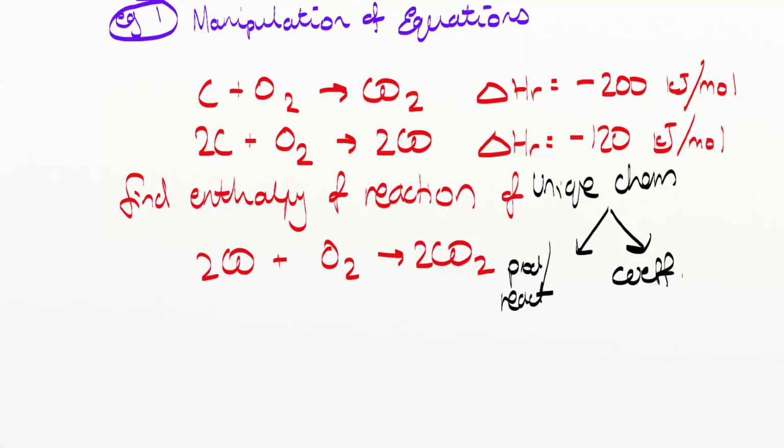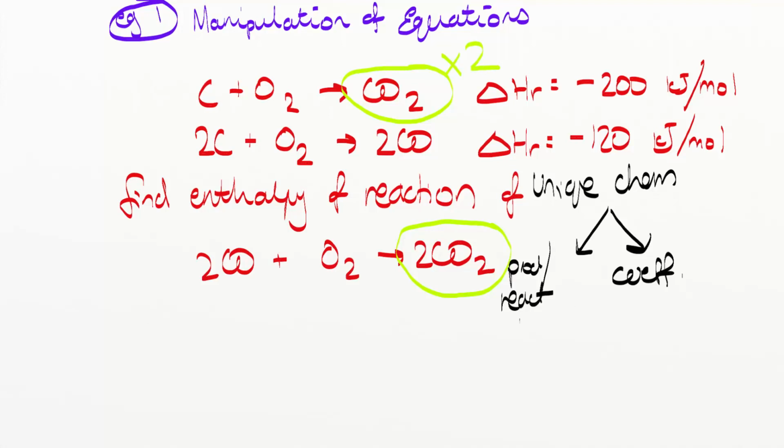If I take a look at, let's say, 2 carbon dioxides, carbon dioxide was identified as a unique chemical. Carbon dioxide in the given equation is a product. Carbon dioxide in the desired equation is also a product. So that's good. But we can see there's a 2 in front of carbon dioxide in the desired equation, so that makes me think maybe I need to multiply this first equation by 2.